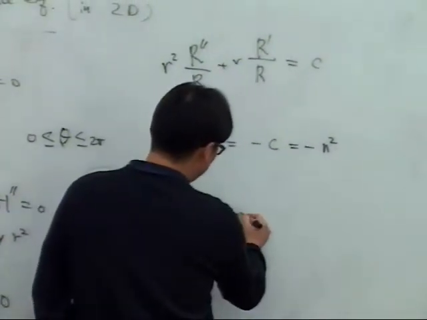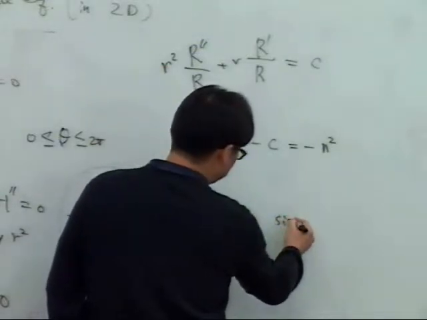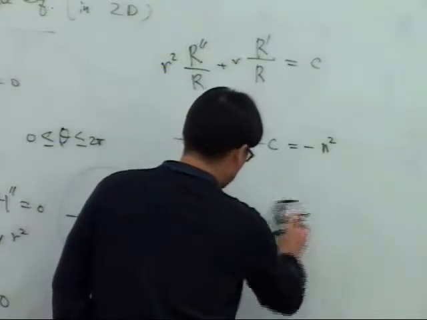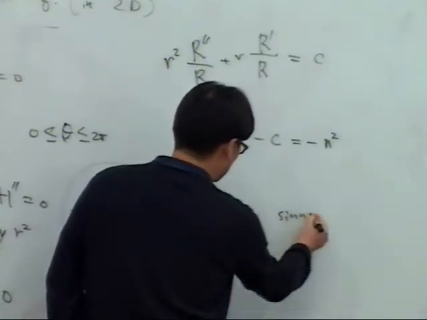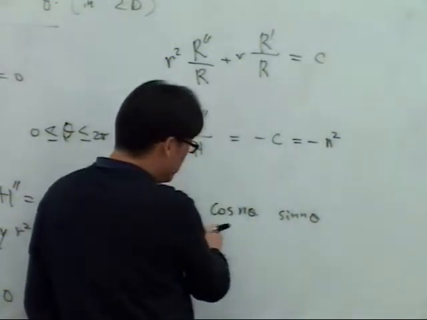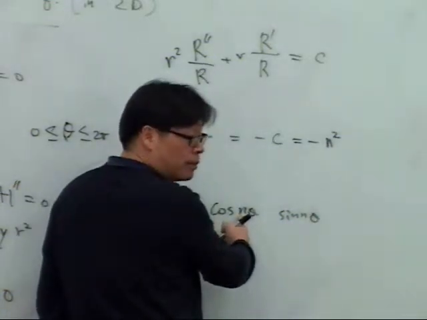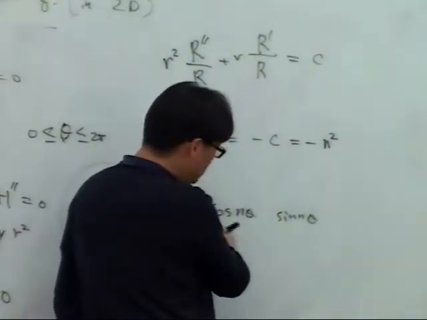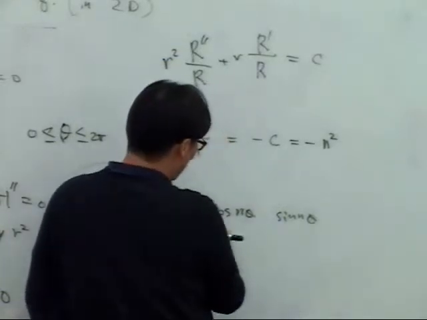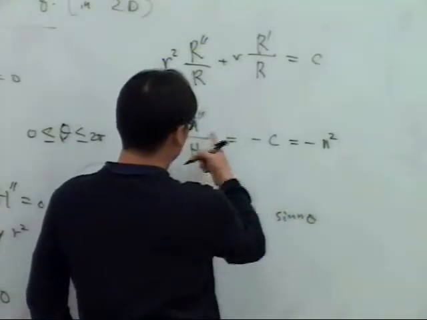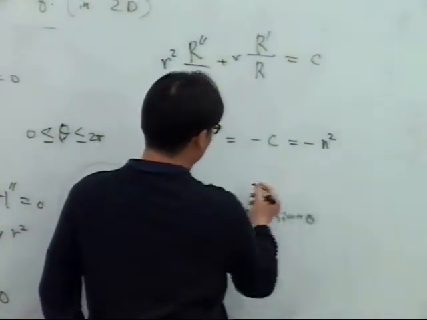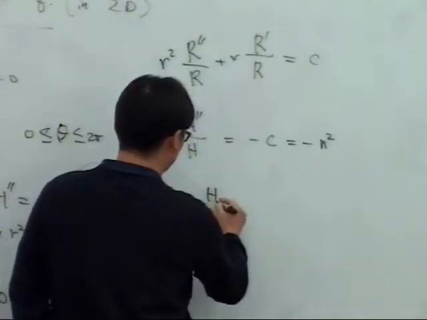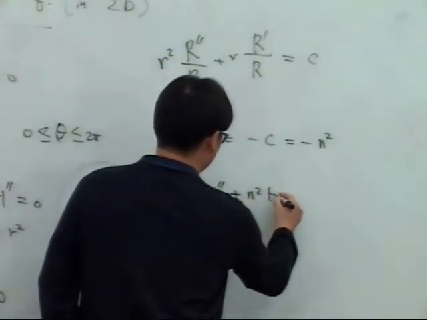For example, cosine n theta or sine n theta will be 2 pi periodic if n is an integer. If n is not an integer, then this doesn't have to be 2 pi periodic. And why am I looking at cosine and sine? Because if I put C equal to minus n squared, then I end up with h double prime plus n squared h equal to 0.